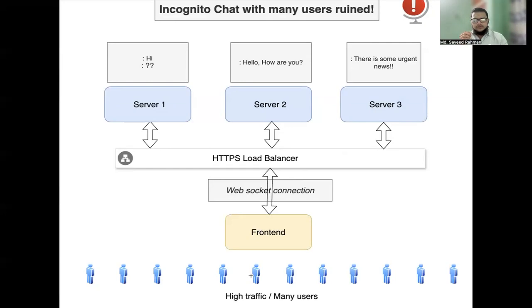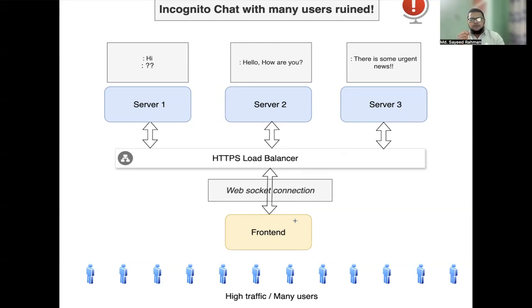So whenever a user wants to send a message on Facebook, let's say, the front end doesn't know which server it is communicating with. It just knows that it is sending the message to the load balancer, and the load balancer will pick any of the servers for this user.